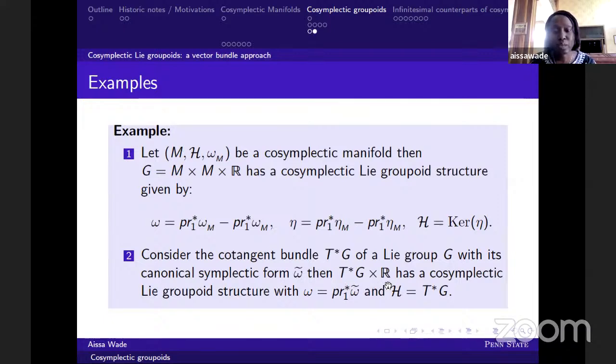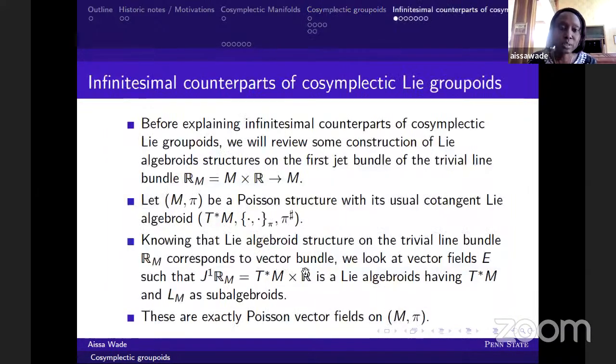Now, if we take the product with R, of course the action would be the trivial action, and then here we get the cosymplectic groupoid on this product. So the H would be just the cotangent bundle of my Lie group. Yeah, so these are some simple examples.